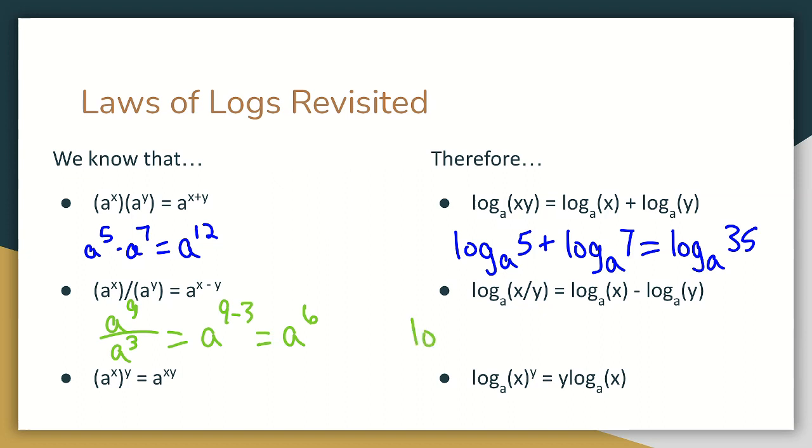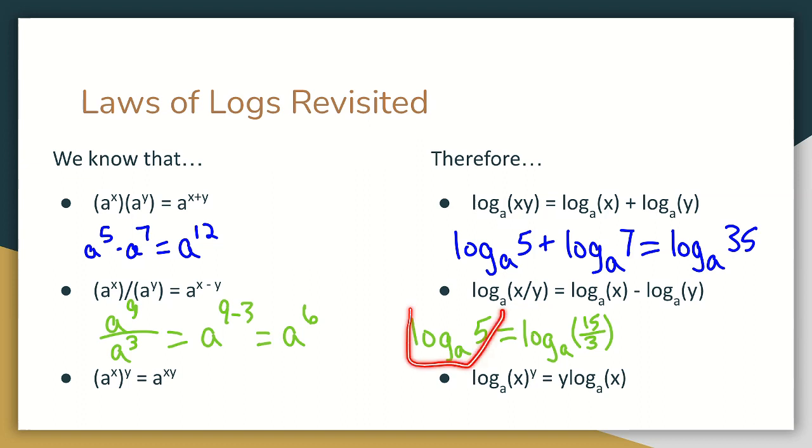So here with the logarithm, I'm going to start with log base a of 5. And I'm going to do this in a way that might be kind of confusing. 5 is equal to 15 divided by 3, so we could rewrite this as log base a of 15 over 3.